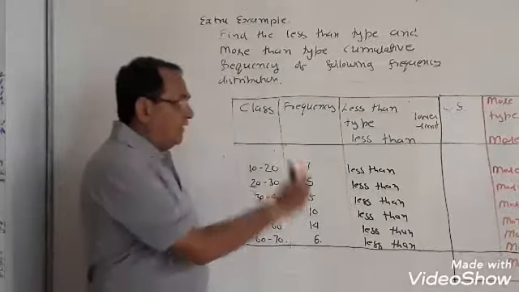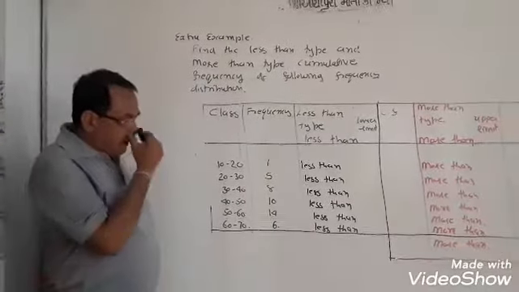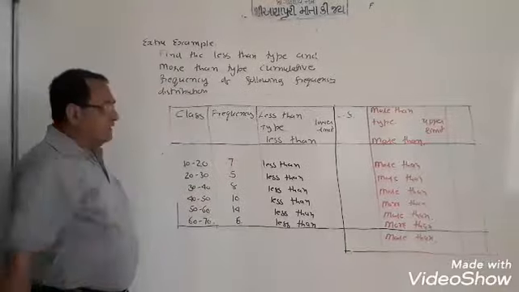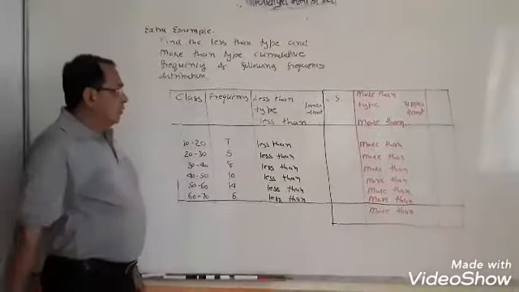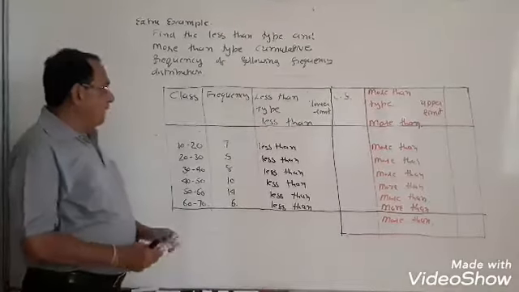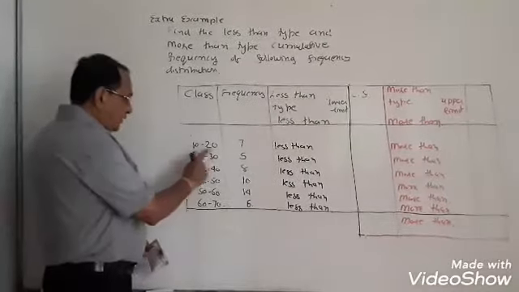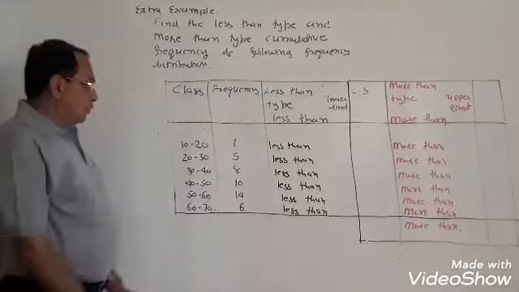That is a part of the example. In the next lecture we will start to draw the various curves of less than type and more than type. Just we will prepare it. The classes are 10 to 20, 20 to 30, 30 to 40, with frequencies 7, 5, 8 and so on.